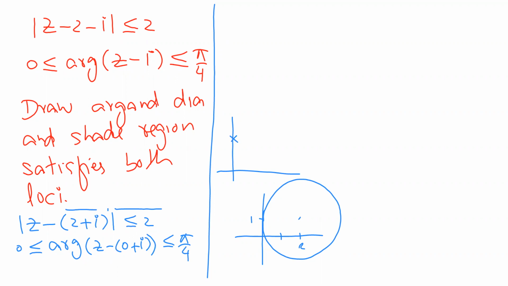Now I make a rough idea here. This represents the 0 angle, and this represents the 45-degree angle, pi by 4. In the middle is the ray, and the starting point is here. This is the upper angle and this is the lower angle.